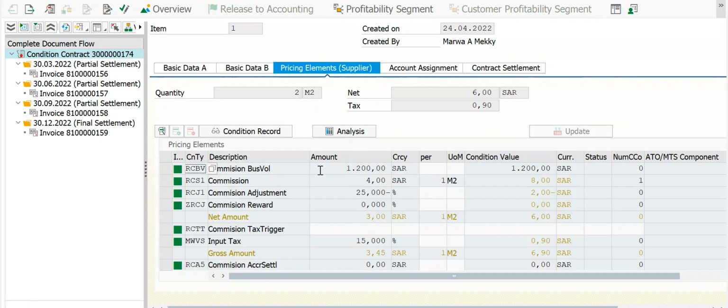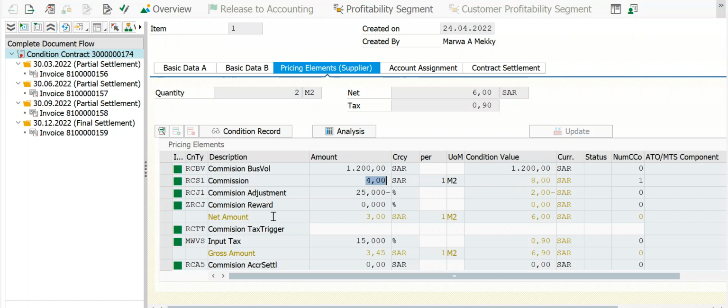Here we have our business volume, commission business volume. This amount represents the net value for the line item. It is divided by the quantity too, and then we will see which scale the value reaches, and then the right scale will be picked up. So now it actually reaches this level. Now the employee deserves around 8 Saudi riyal.